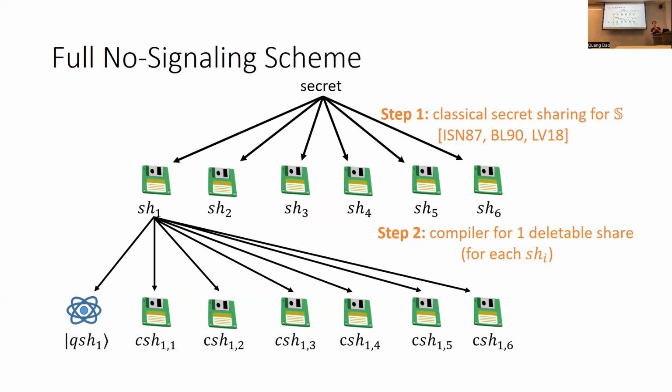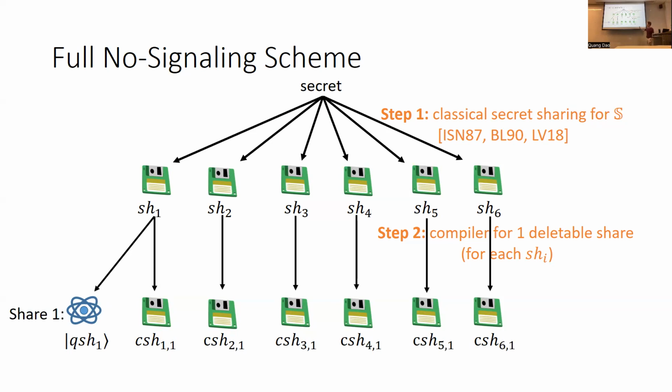So then, can you say like the first party, what are the shares that the first party gets? Yeah. So, pay attention to the subscript here. The idea is we split SH1 into many pieces. But party 1 is only going to get the quantum piece of SH1 as well as one classical piece of SH1.